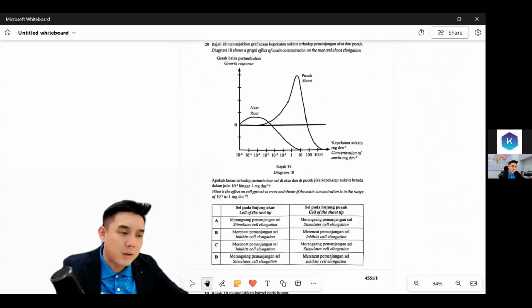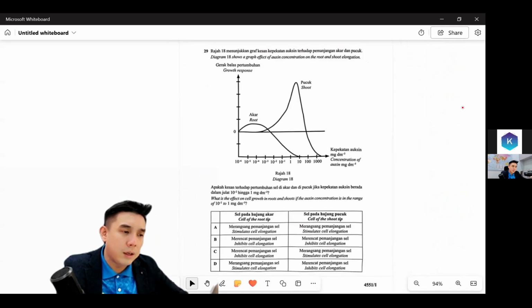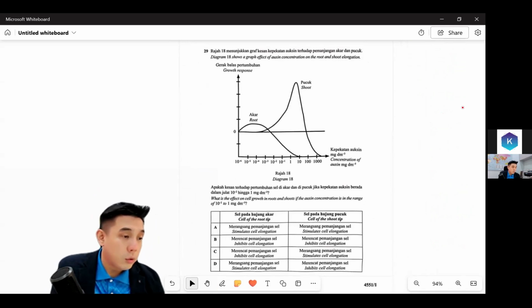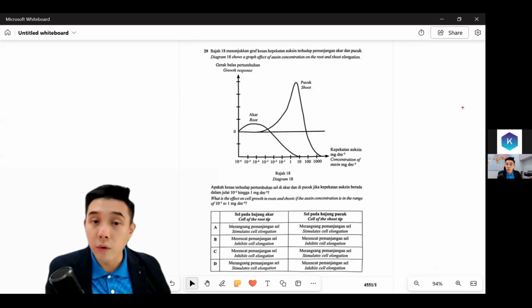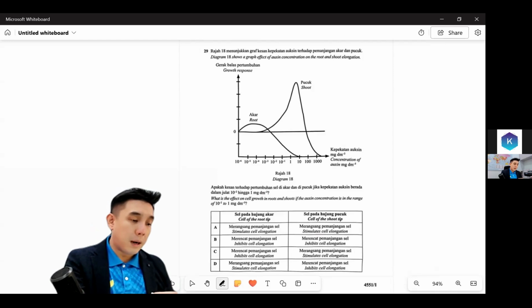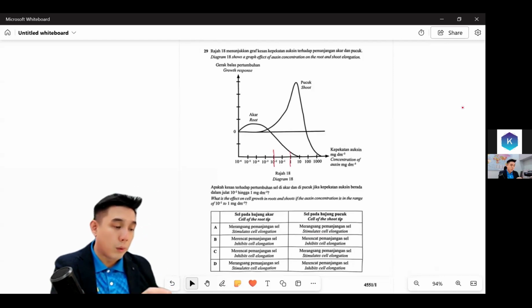29 is what roughly came out last year. Last year it got asked. So they show roots and the shoot. What is the effect on cell growth in roots and shoot? From 10 to the power negative 1, sorry, here, negative 2 to 1.